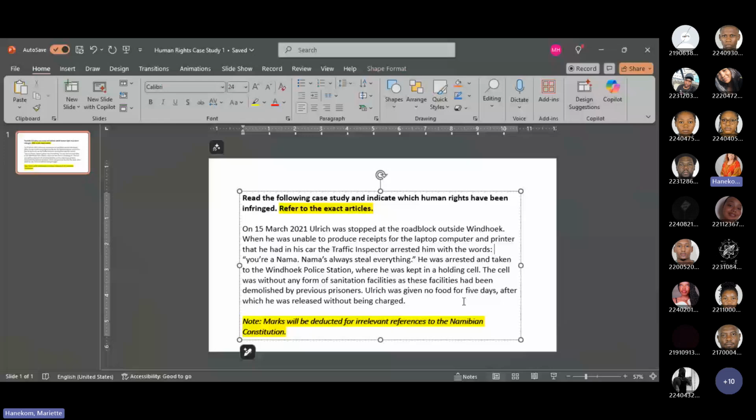The fact that he was arrested just because he is a Nama is clearly discrimination. So you will definitely be getting a case study like this in the test as well as in the exam. So just have a look there at the example.